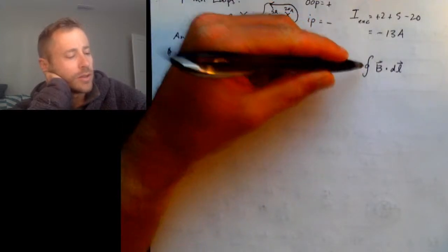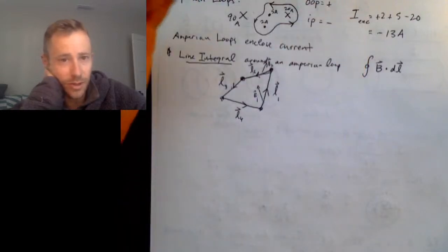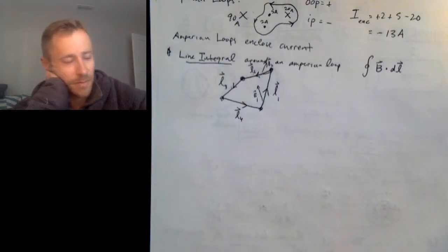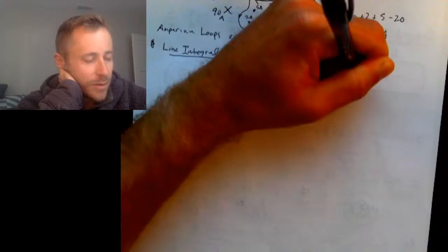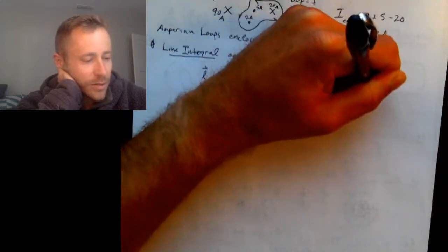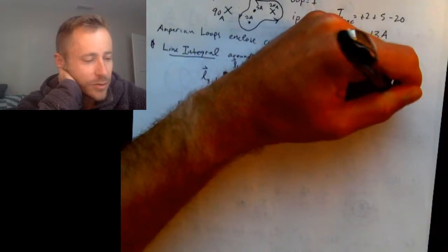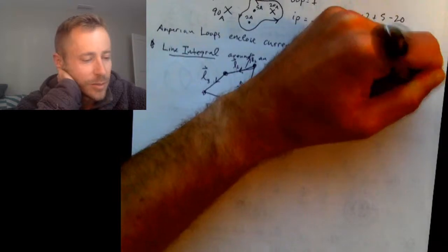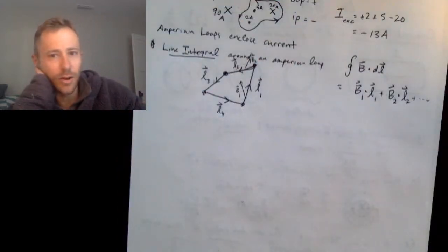So the line integral is sort of analogous to the definition of flux, only it's one dimension less. So it's going to be B1 dot L1 plus B2 dot L2 plus dot dot dot, however many segments there are.